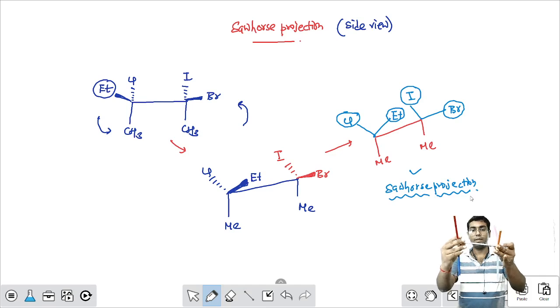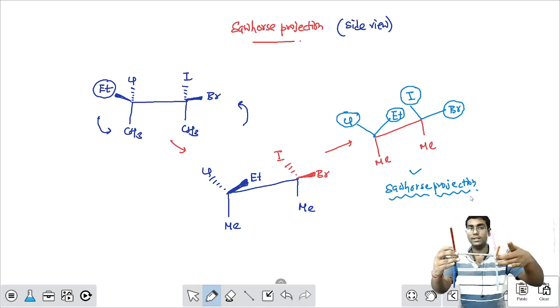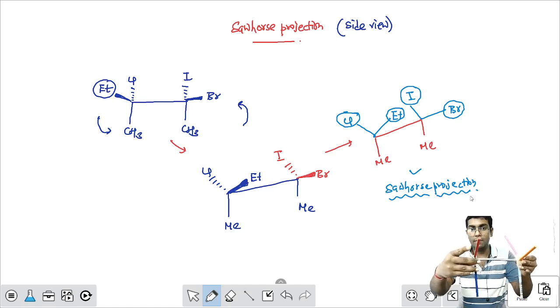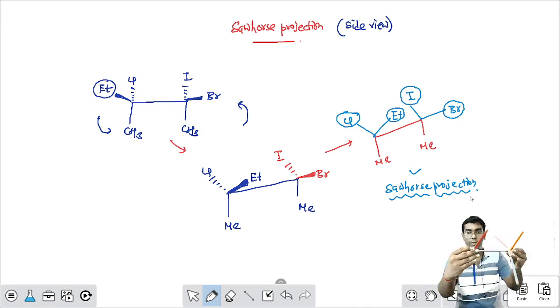That means this blue pencil and this blue pencil are the on the plane bonds. This orange is towards you above the plane, this pink is away from you below the plane. Similarly, this red one is above the plane towards you, and this black one, you can see it over here, this black one is below the plane towards me.